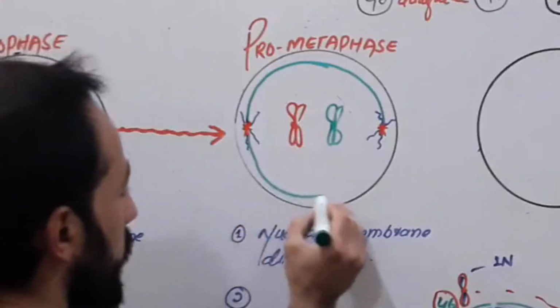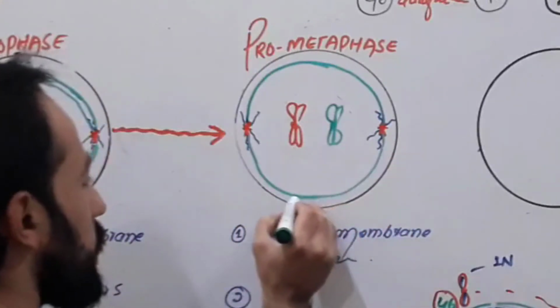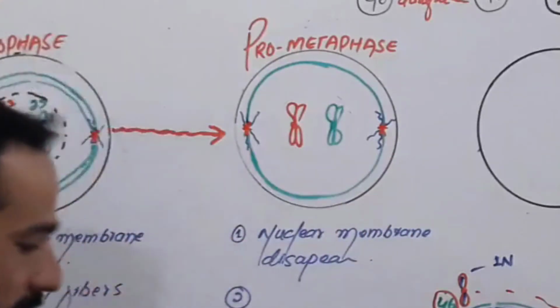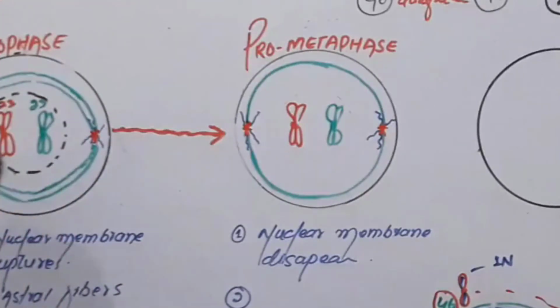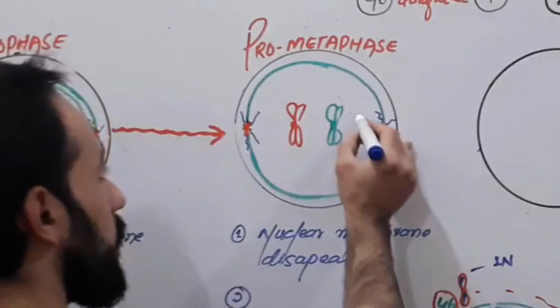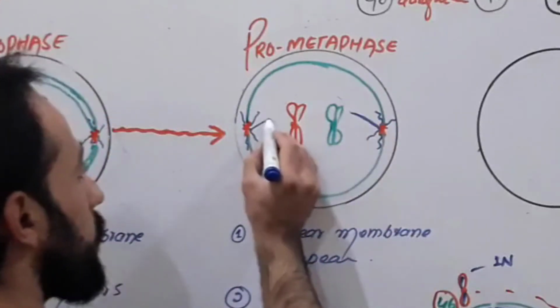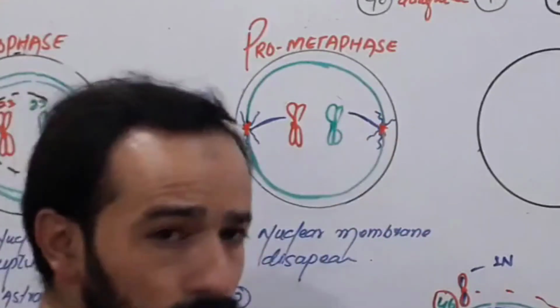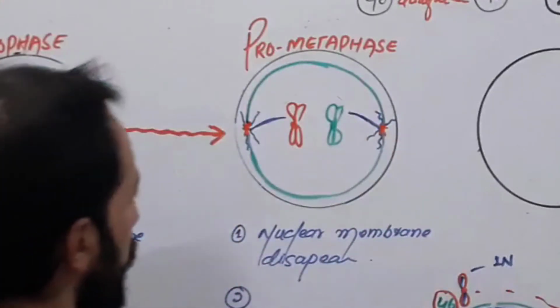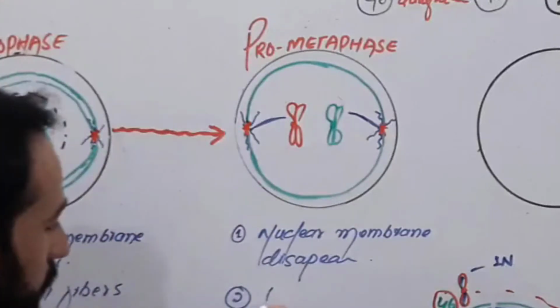These polar fibers arise, they make connections with each other on each pole of the cell, and there is the third type of fibers which are arising from the microtubules, and these are called the kinetochore. What? Microtubules. Done. So kinetochore microtubules arise.